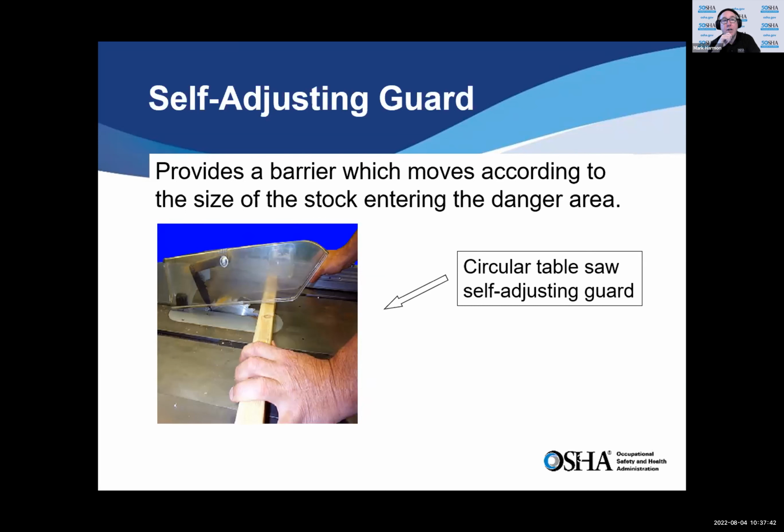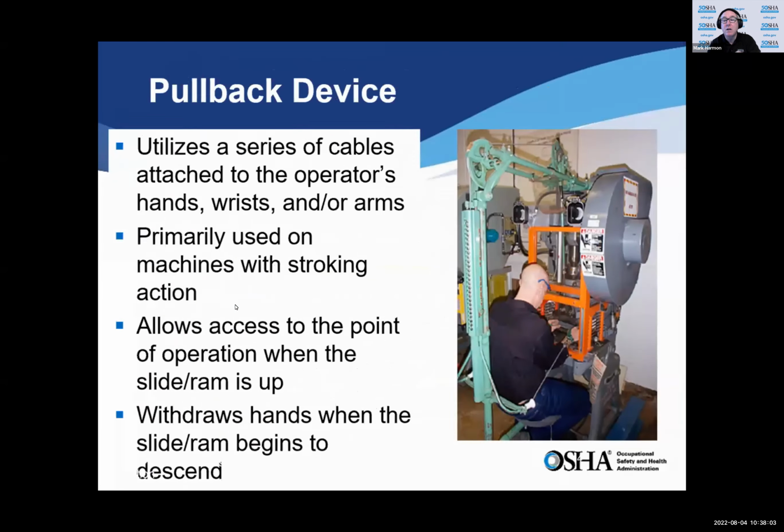That's another guarding requirement under 213, the woodworking equipment. Again, the purpose of that is so that the stock doesn't kick back, doesn't hurt you by being thrown back at the operator. So again, a self-adjusting guard.